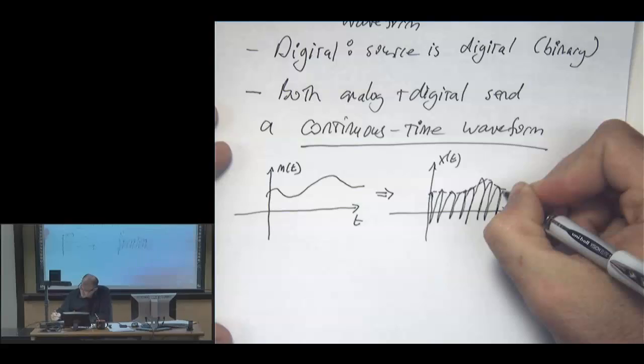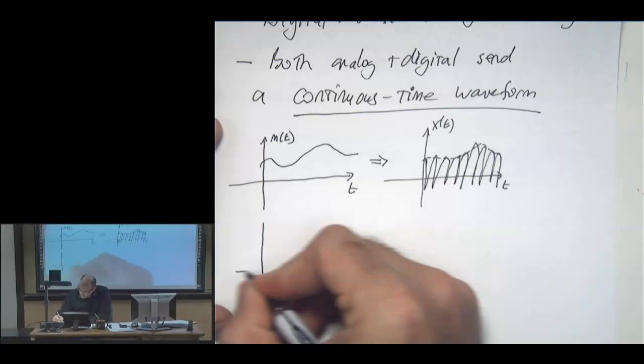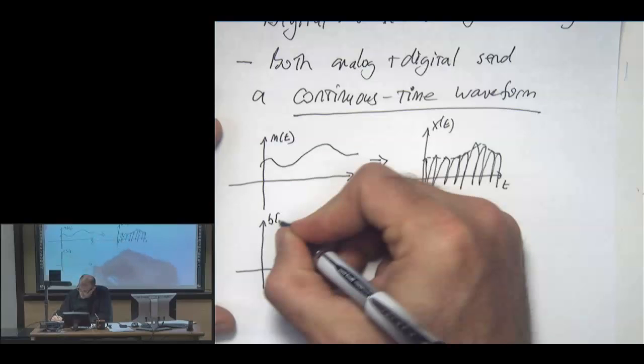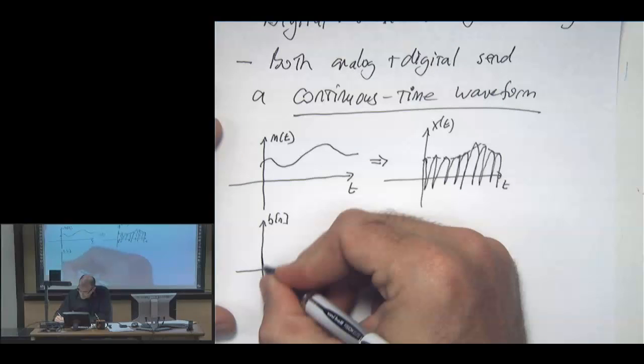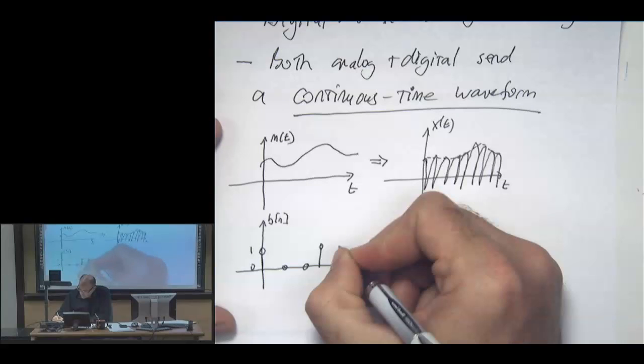Oh, terrible. All right, and then a digital communication signal will have a discrete time sequence that is quantized. So let's call this B of n. So using discrete time notation, this might be a 1, this would be a 0 here, so this could be 0, 0, 1, 1, for example.